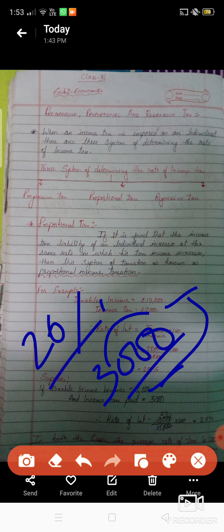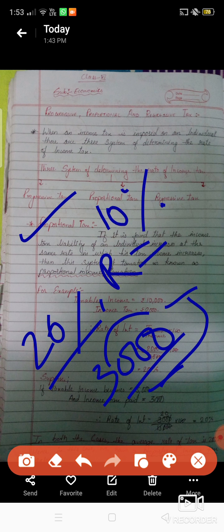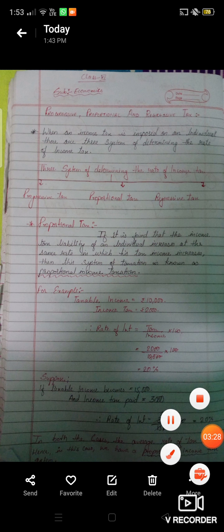So if the tax has increased at the same rate at which the income has increased, then it is known as proportional tax. It means if the income is increasing by 10%, then the income tax is also increasing by 10%. Both rates are the same.